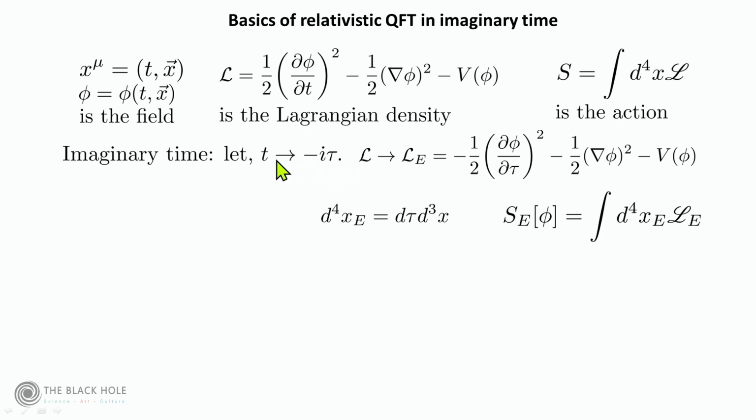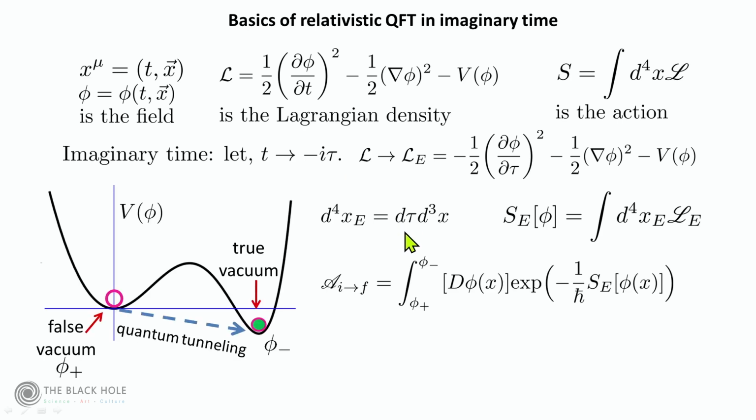So dt is equal to minus i d tau, hence over here. And so when we calculate a transition probability from an initial to a final state, then with imaginary time, you're going to take the exponential of minus i over h bar into this action.